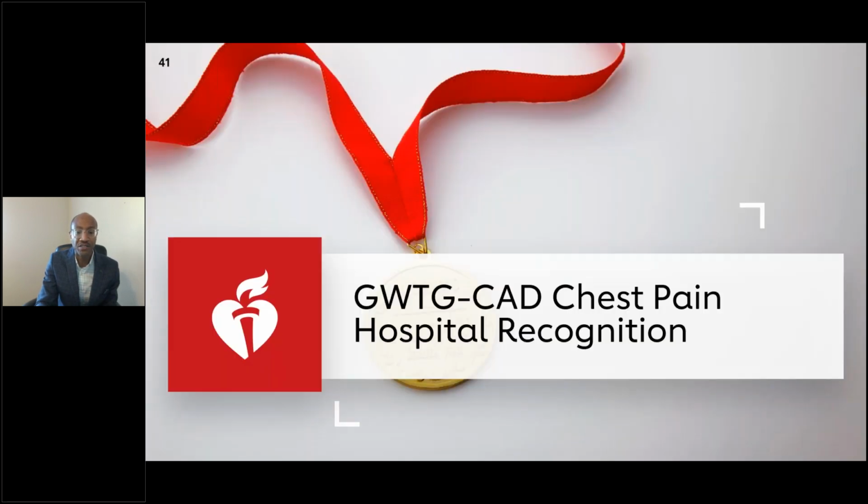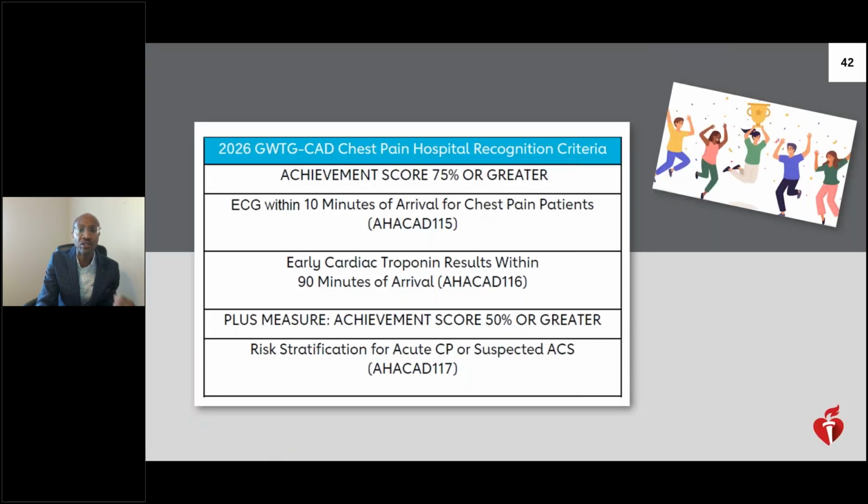And so this brings us to, again, highlight the Get With The Guidelines CAD chest pain hospital recognition program, with effort to really award, recognize, and highlight the programs, hospital centers, and healthcare systems that are making excellent quality improvement efforts to improve outcomes along the lines of these chest pain measures that have been developed from the guidelines and the evidence.